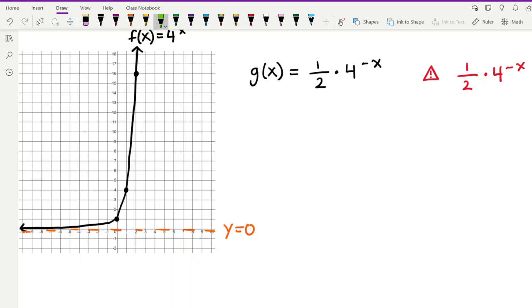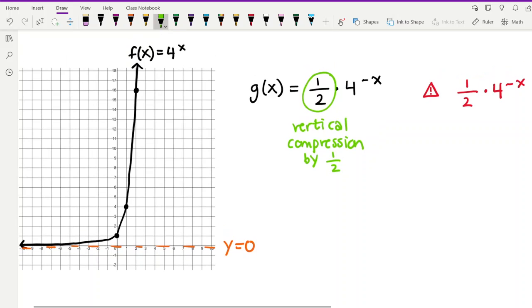What that 1/2 does is it's a vertical stretch or compression, because it's multiplying the function as a whole. And in this case, it would be a vertical compression, because we're multiplying it by 1/2. So that means that the y coordinates will all get multiplied by 1/2. The whole graph will become smushed. It'll become shorter.